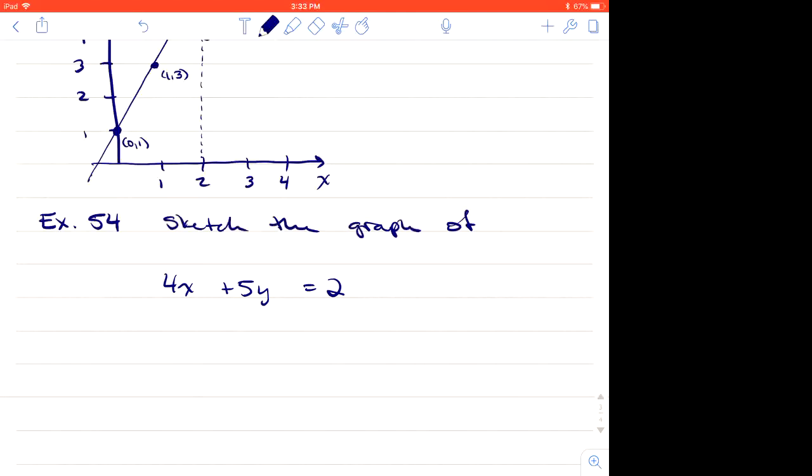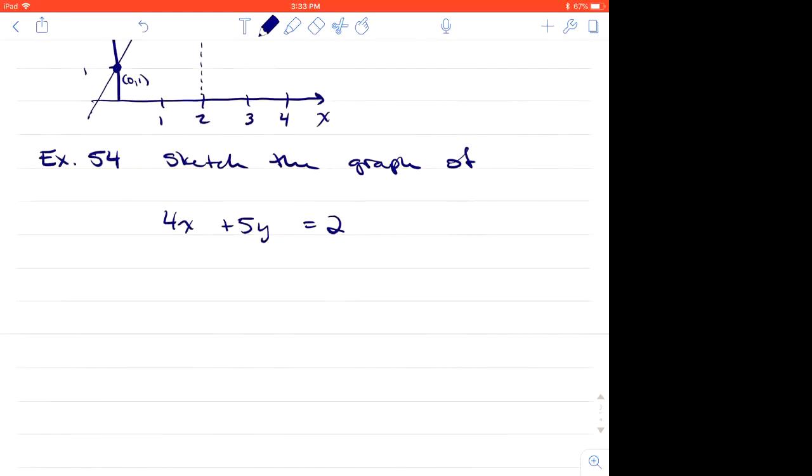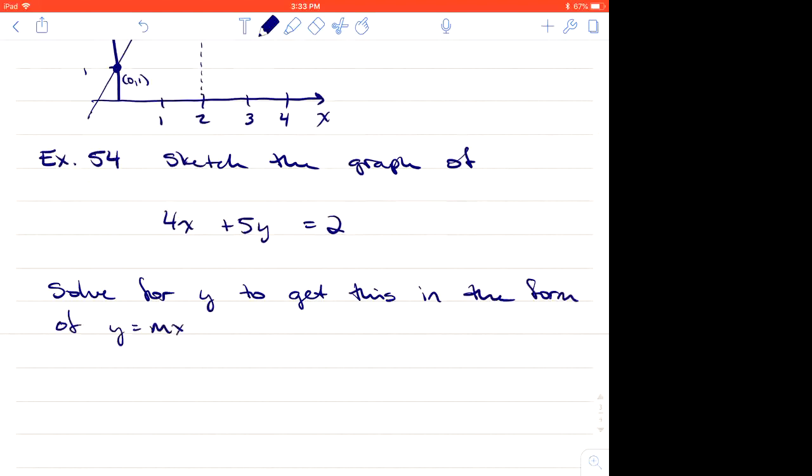So it's not quite in the form of y equals mx plus b, but we only have x's and y's in there, right? So we can rearrange it. So that's our first step, right? So we're going to rearrange or solve for y to get this in the form of y equals mx plus b.